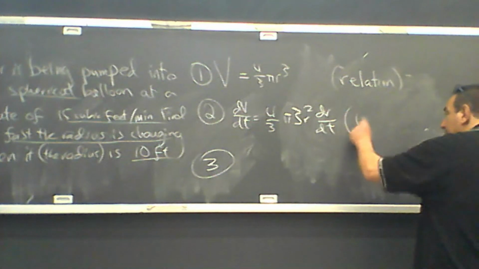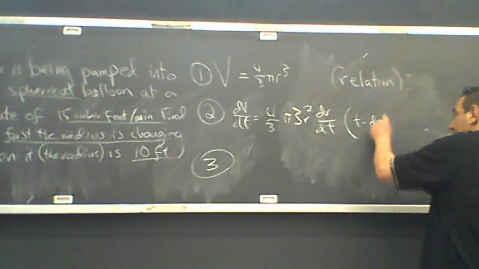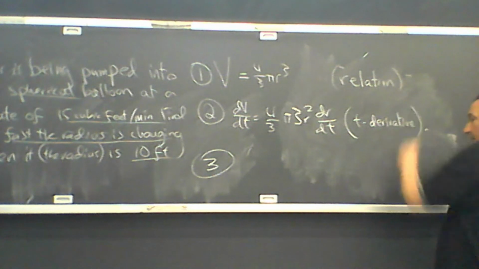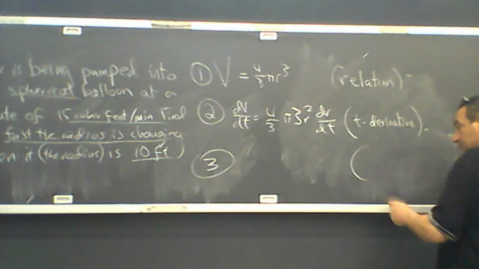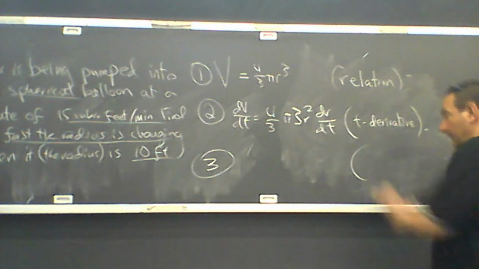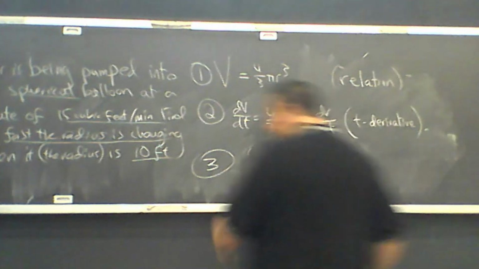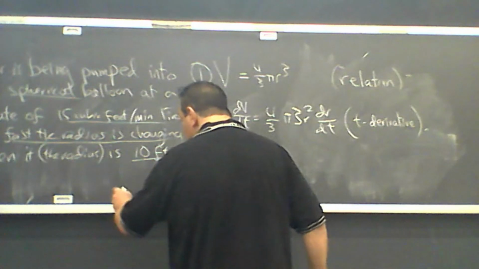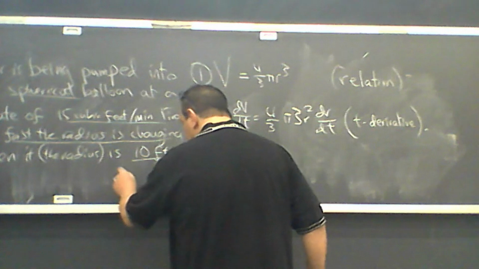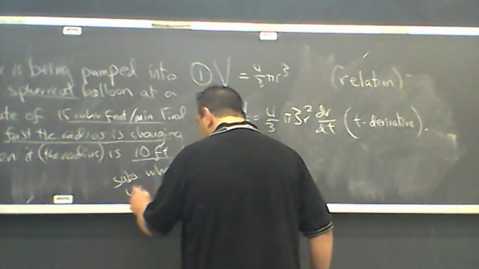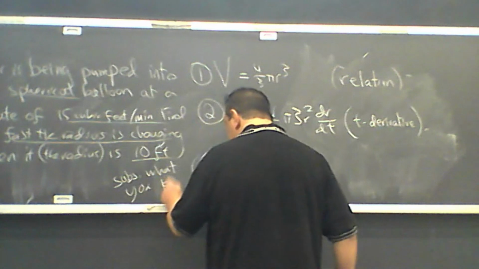Then we take the t derivative, the time derivative, okay? And the last step, I won't write it here because we need the space, is you substitute what you know. Subs what you know. That's step 3.